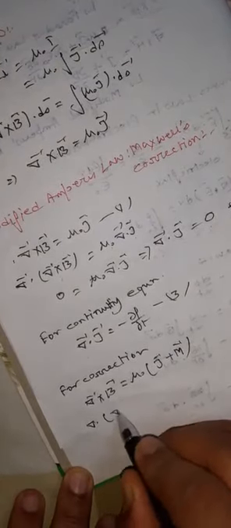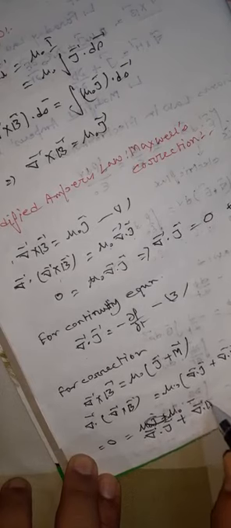Now if we take the divergence of this curl of B, we have mu naught divergence of J plus divergence of M. So this side is 0, that means mu naught divergence of J plus divergence of M is equal to 0.